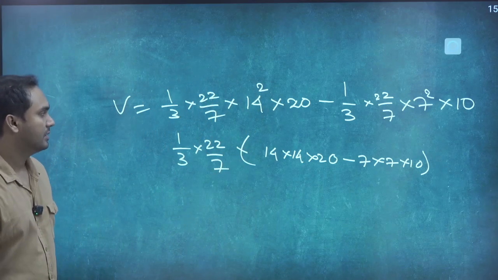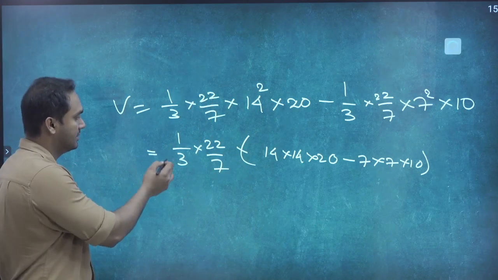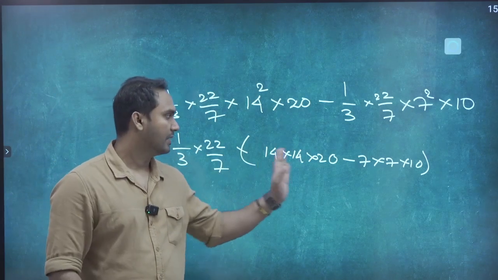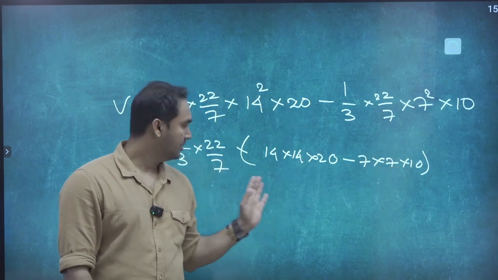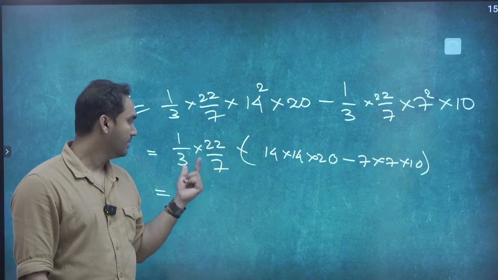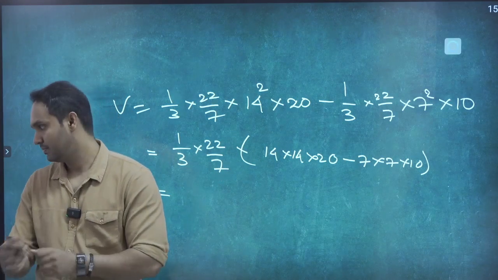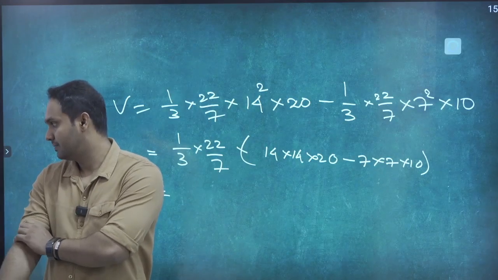Use the calculator and simplify it. Multiply the whole thing, deduct each other, then multiply by 22, divide by 21. Use the calculator and tell me the answer.